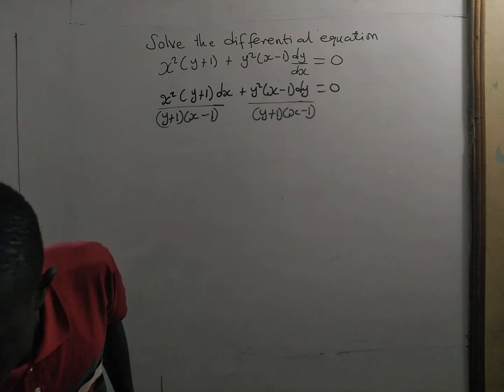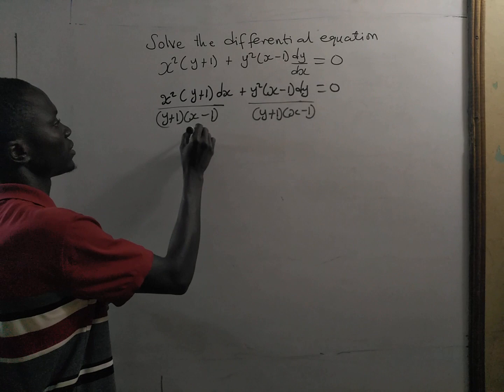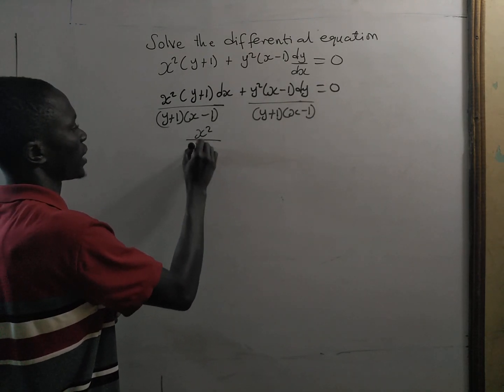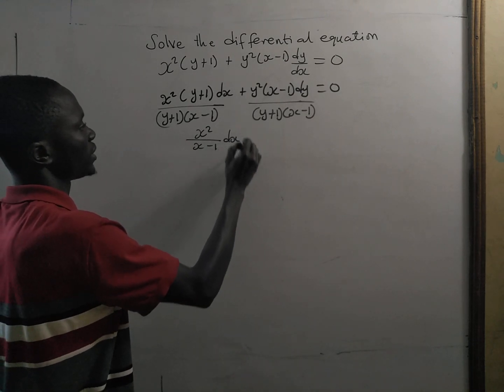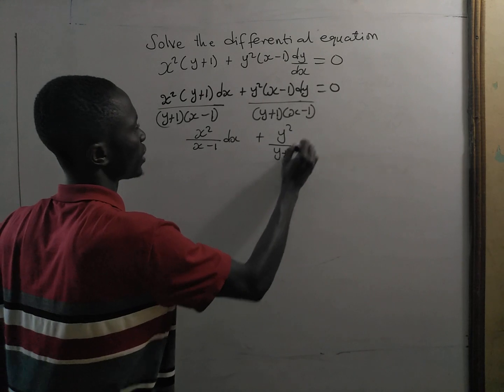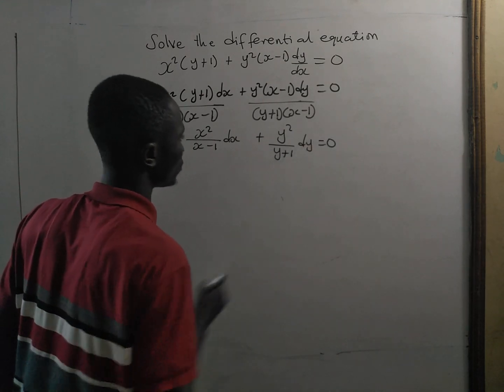So this gives us x squared divided by (x minus 1) dx plus y squared divided by (y plus 1) dy equal to 0.